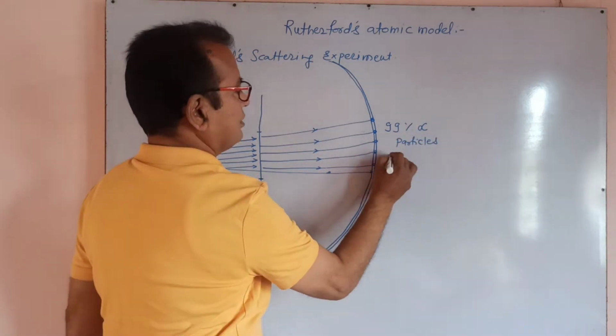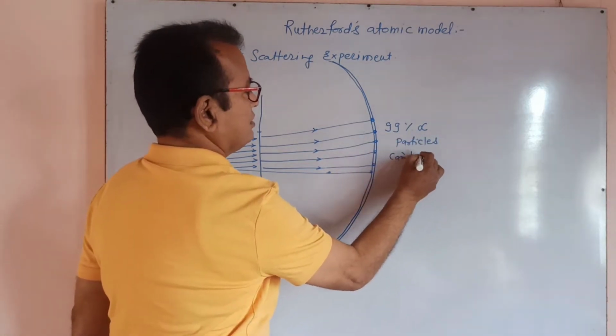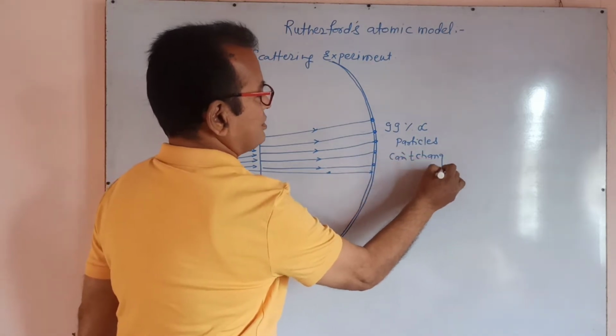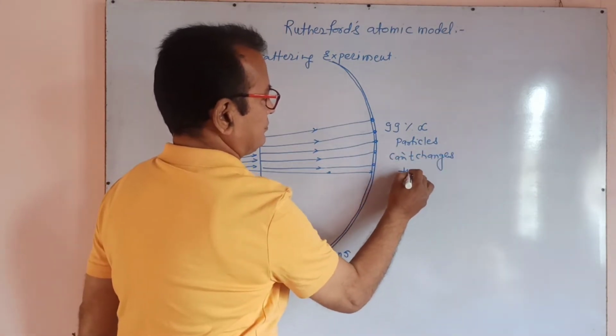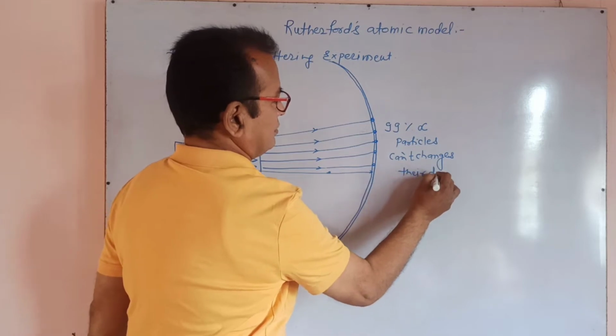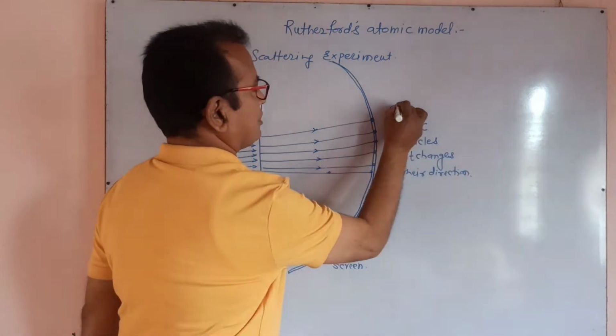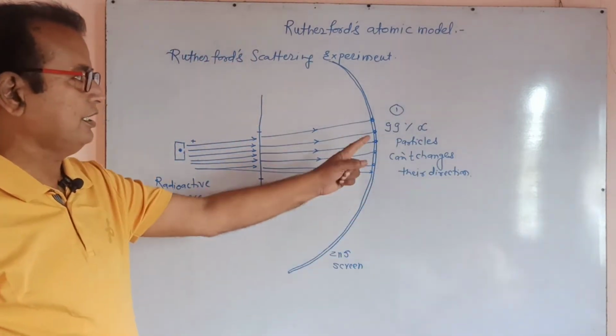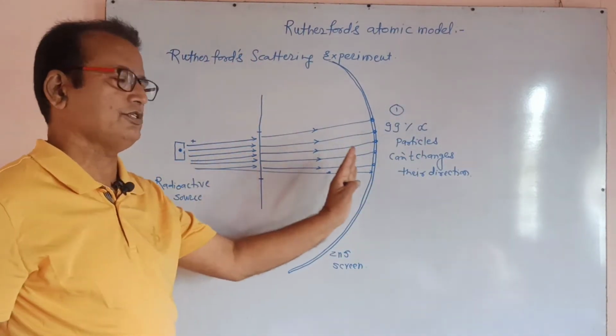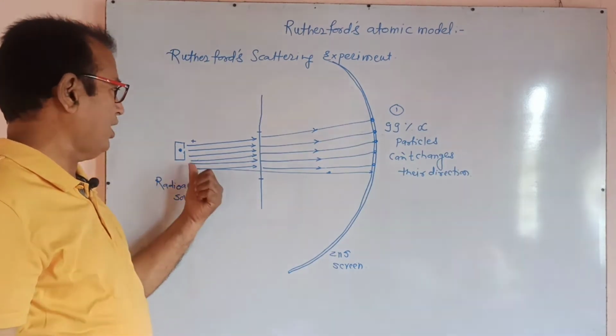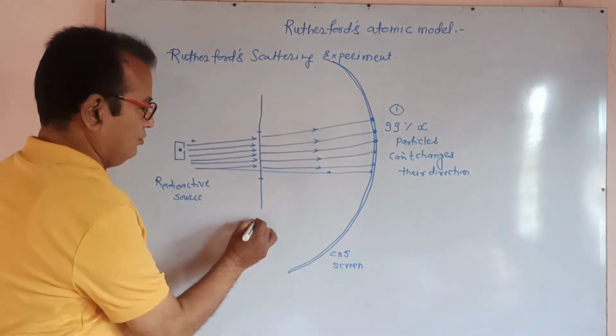This is the first observation of this experiment: 99% of alpha particles cannot change their direction when they pass through this gold foil.